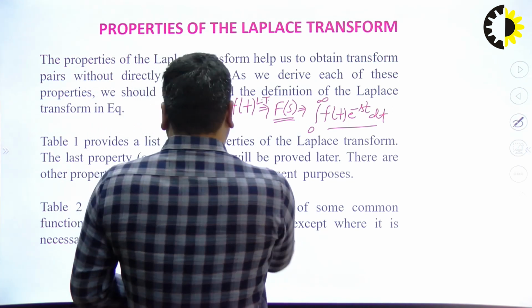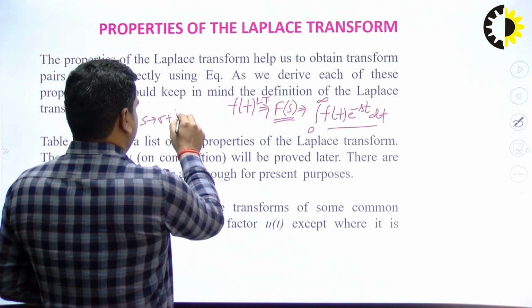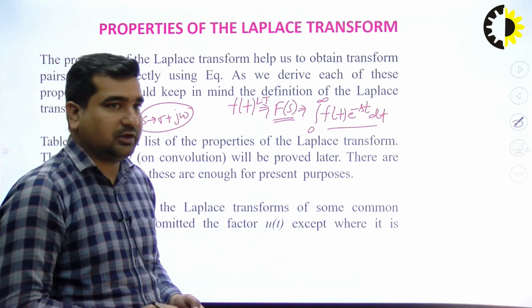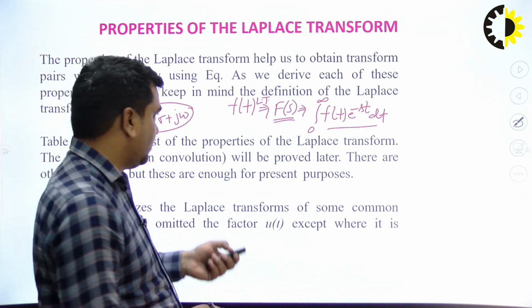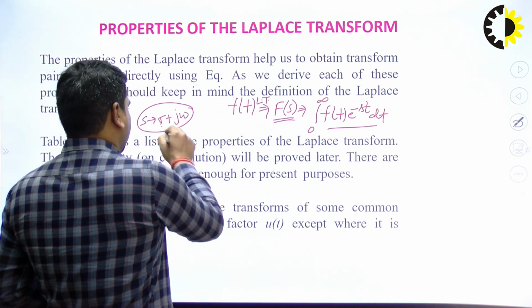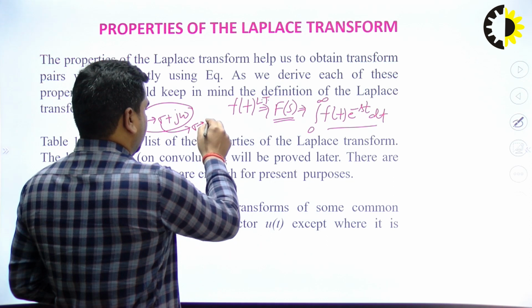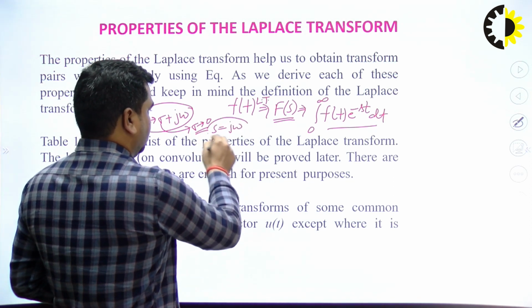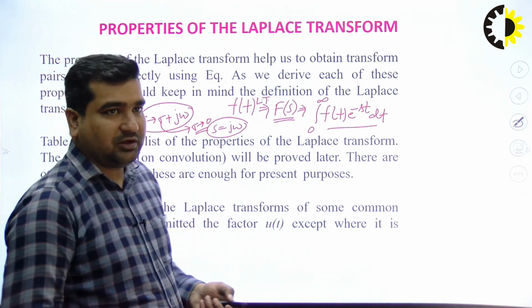Basically, s is represented as sigma plus j omega, where omega is angular frequency, as we discussed in the Fourier series. Sigma has a very minimum value, so if it is tending to 0, then s can be j omega. In some functions we can replace s with j omega.